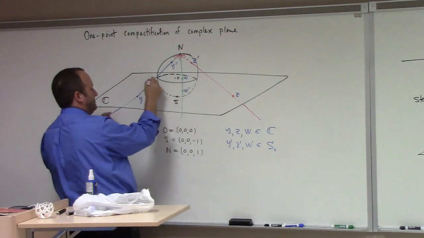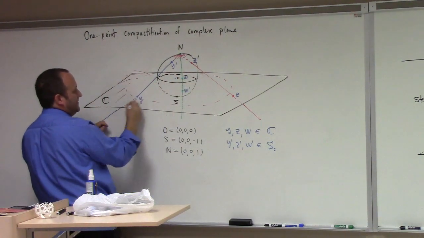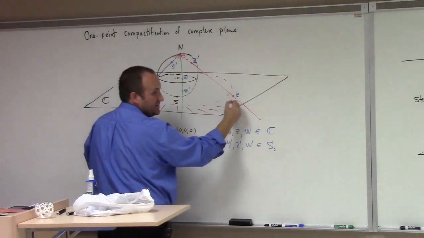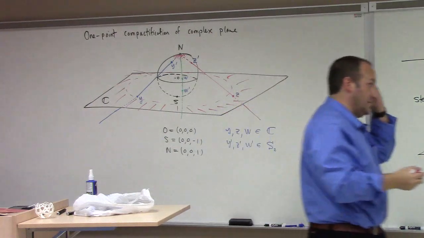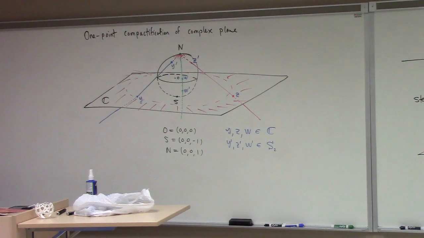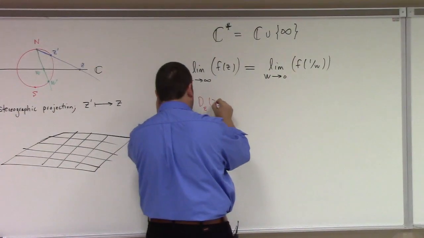It'd be like an exterior annulus, right? So the neighborhoods of infinity, a disk of, let's say, radius epsilon centered at infinity would be what?